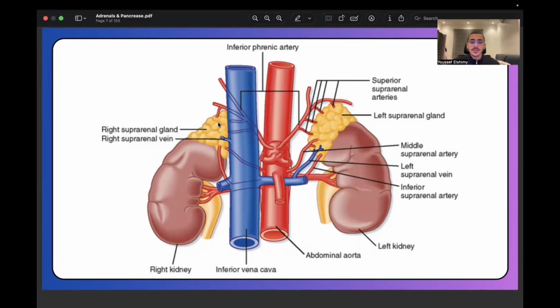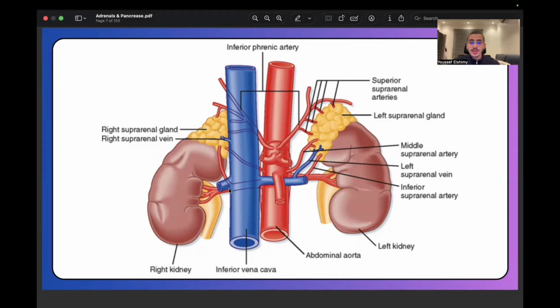You can see the right adrenal, the left adrenal. The right is more triangular here. The left is more semilunar or crescent shaped. Each adrenal gland receives three blood supplies. You can see the inferior phrenic artery giving the superior suprarenal artery. Then the abdominal aorta giving the middle suprarenal artery.